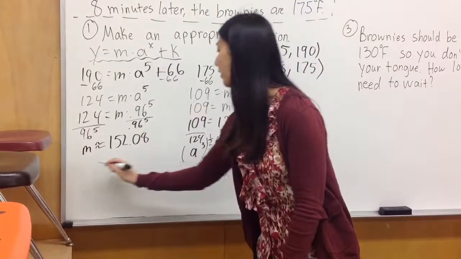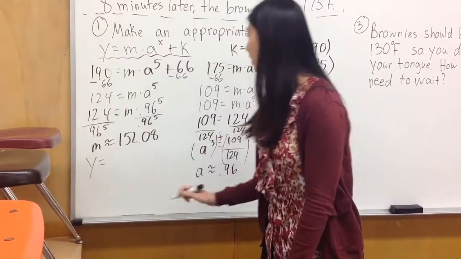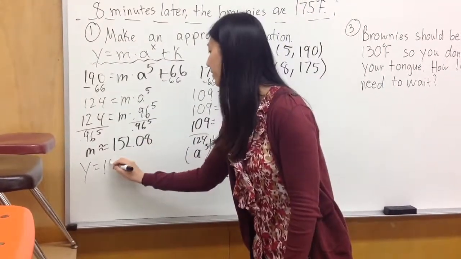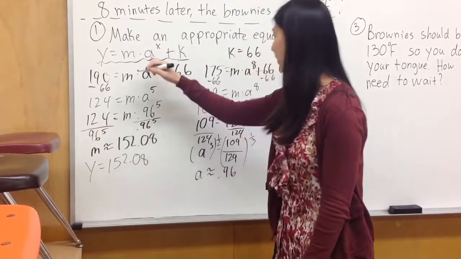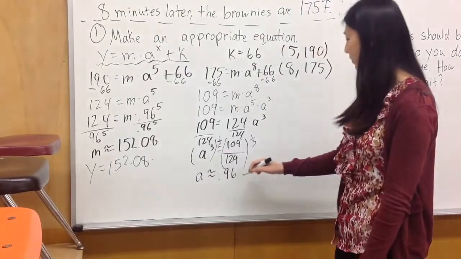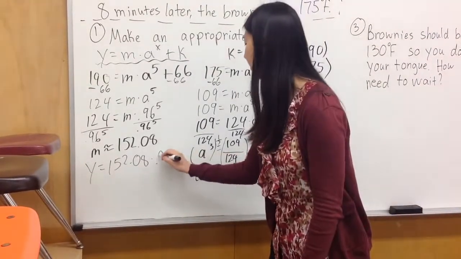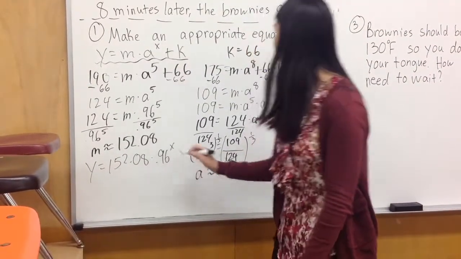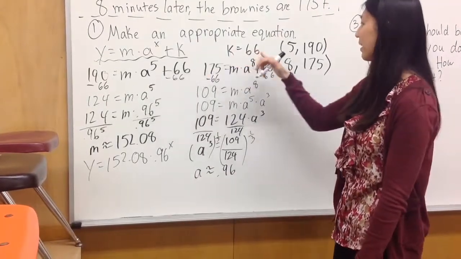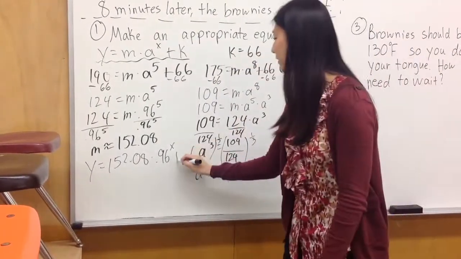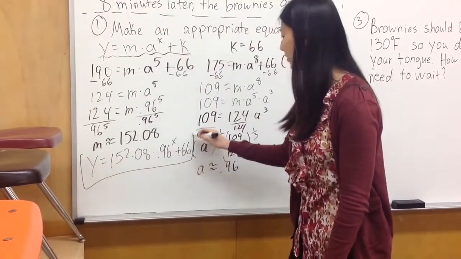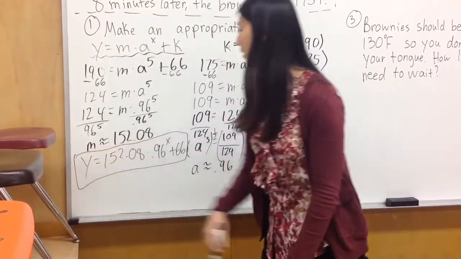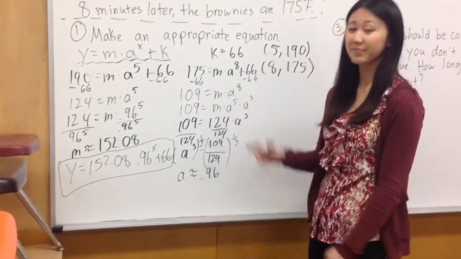So it's going to look like y equals, m was this, 152.08, times a to the x power, so it's 0.96 to the x power, and then plus k. K was 66, so plus 66. So this right here is my answer for number 1.